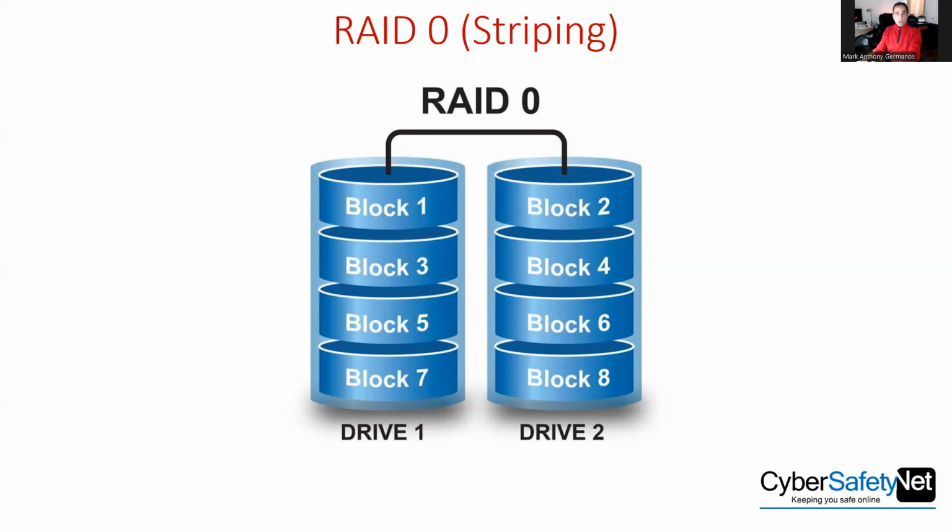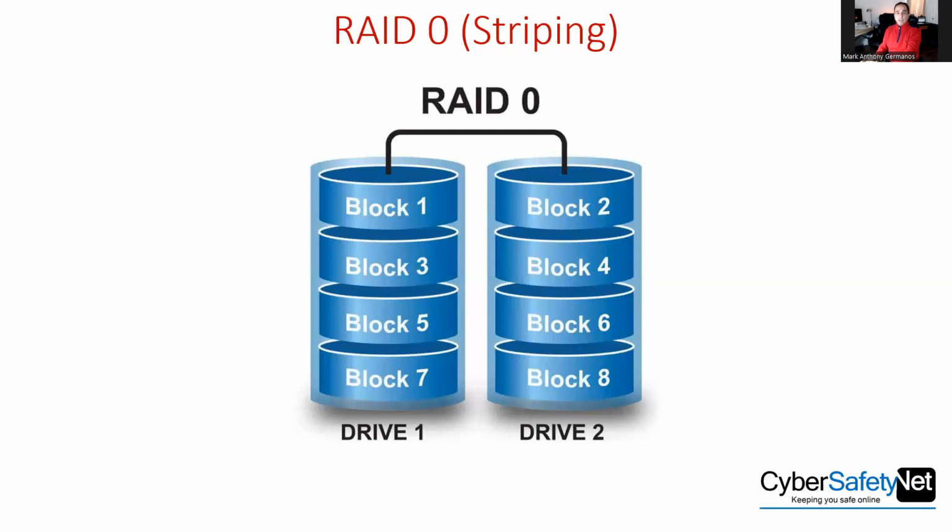The downside is there's no redundancy. With RAID 0 striping, if one of these dies, you replace it, then you restore your data from backups. And you better pray that your backups are working. I've seen a lot. This is why I'm not a fan of RAID 0 striping. Instead, I like RAID 1 mirroring.